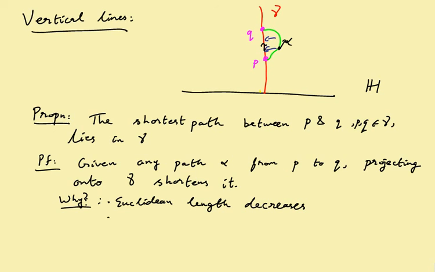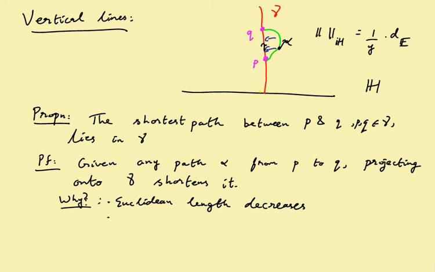But hyperbolic length is not Euclidean length. However, remember that the hyperbolic length, okay, I've written it like this, it's 1 over y times the Euclidean. What this notation means, I've sort of changed the notation, but the key point to note is that you have a scaling factor. So let me revert to better notation.